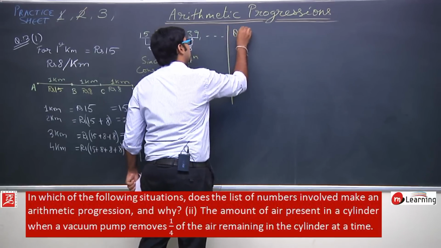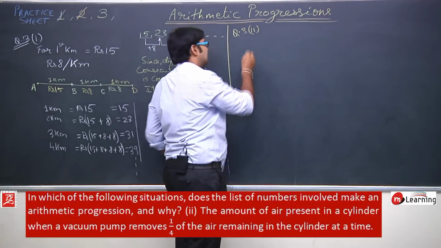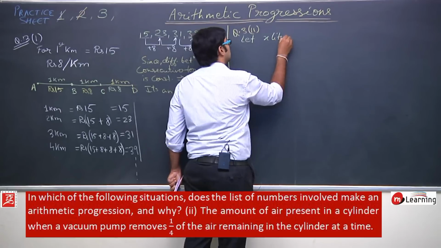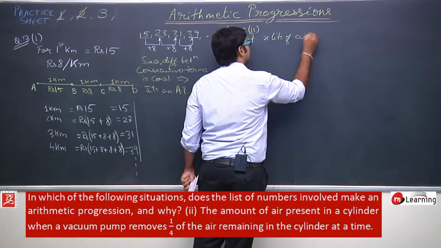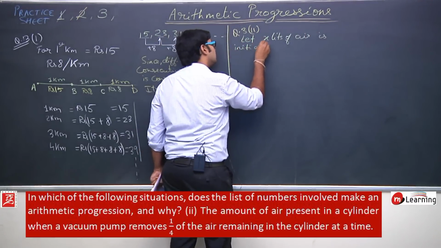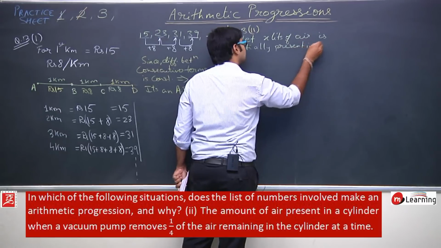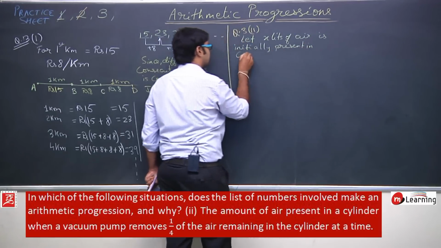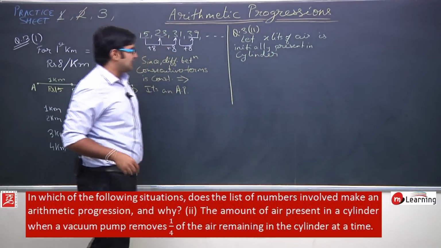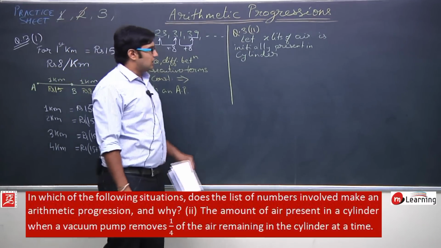So for question number 3, second part, let x liters of air be initially present in the cylinder.